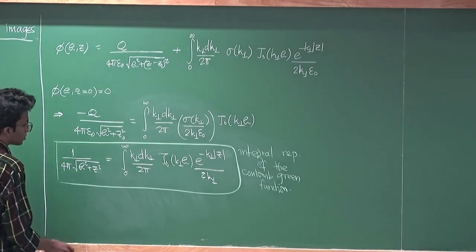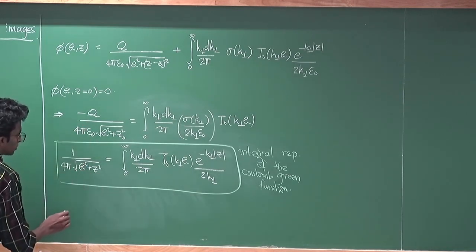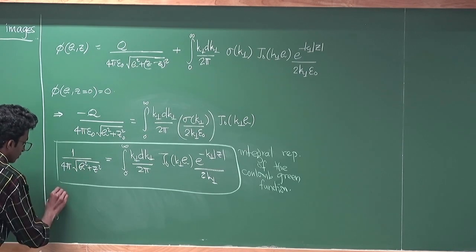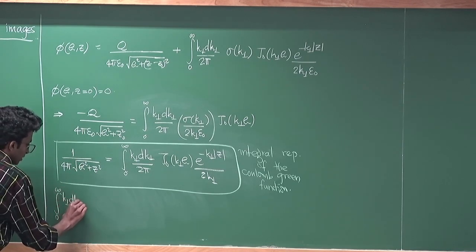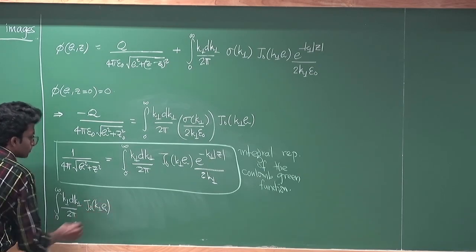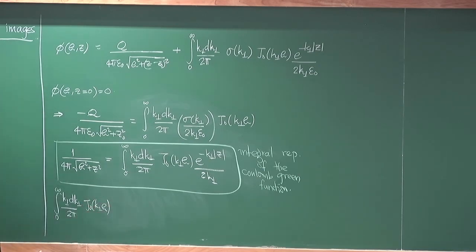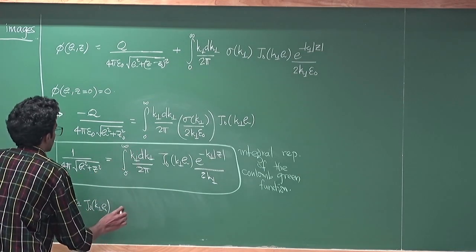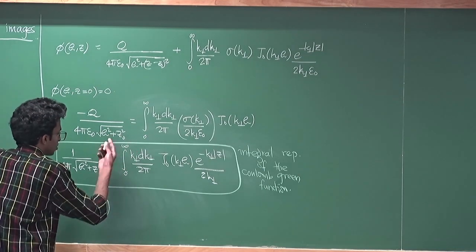So if you put this in here, what do you get? You get the integral from 0 to infinity of k perpendicular dk perpendicular over 2 pi J naught of k perpendicular rho, where at z greater than 0, mod z is just z. Remember that, and z naught is positive.